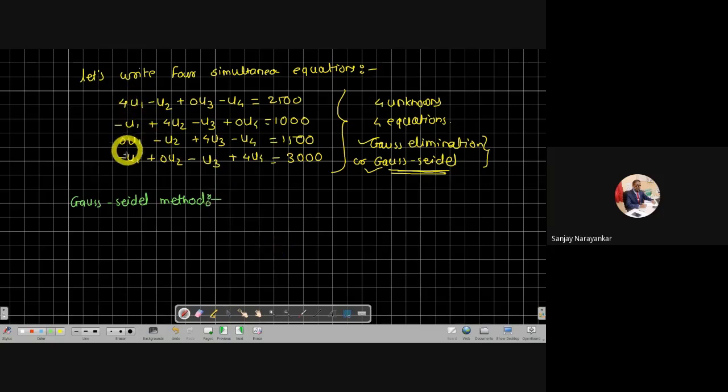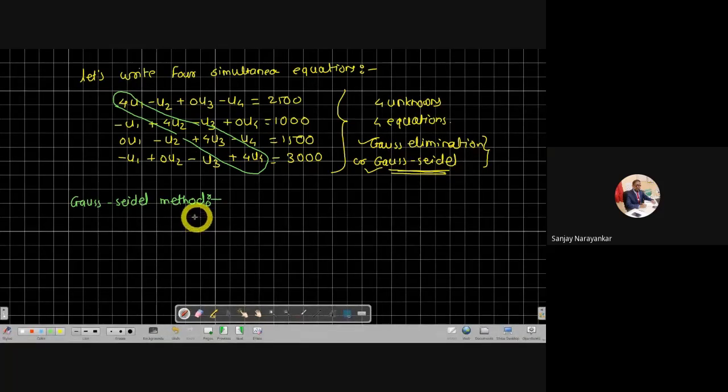Yes, you have to first check that the diagonal elements are maximum. And fortunately, for Poisson's Laplace, we always get the diagonal element as maximum.